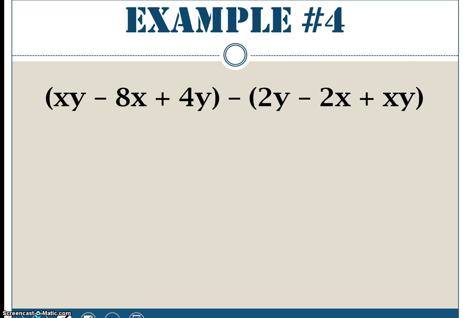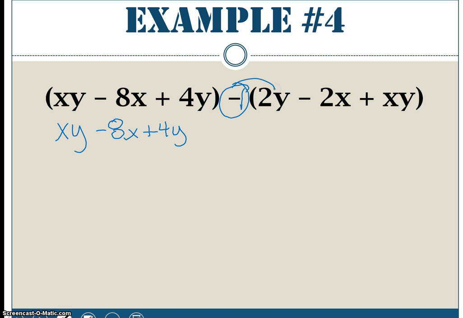For my next example, I've got xy minus 8x plus 4y, minus the quantity 2y minus 2x plus xy. So the first set is not being multiplied by anything, so I can drop it out of the parentheses. So I have xy minus 8x plus 4y. Now the second polynomial is being multiplied by a negative 1.